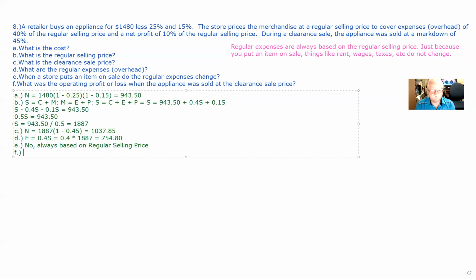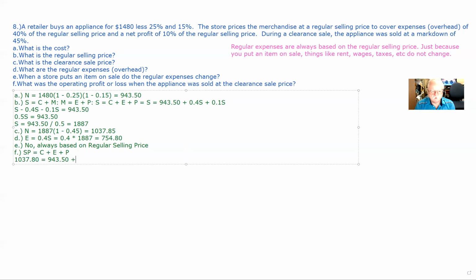So for part F, the operating profit or loss when the appliance was sold at the clearance sale price. So we'll have the clearance sale price equals cost plus expenses plus profit. But we know most of these numbers. The clearance sale price was 1037.85. The cost we decided was 943.50.